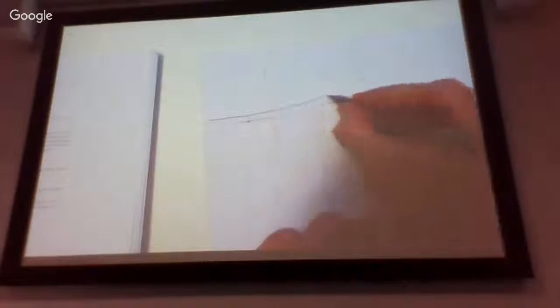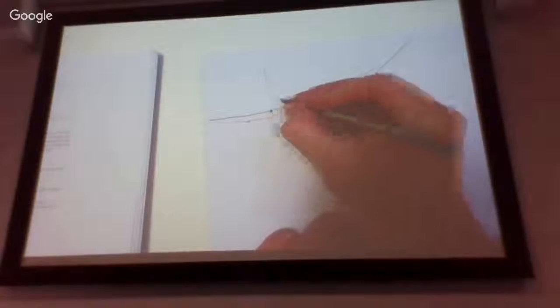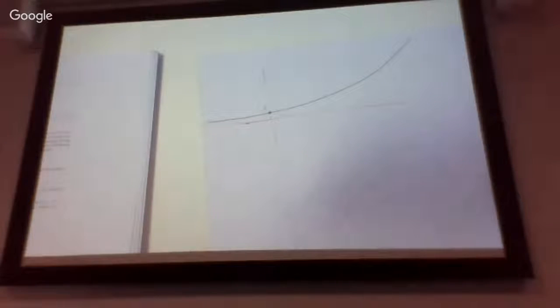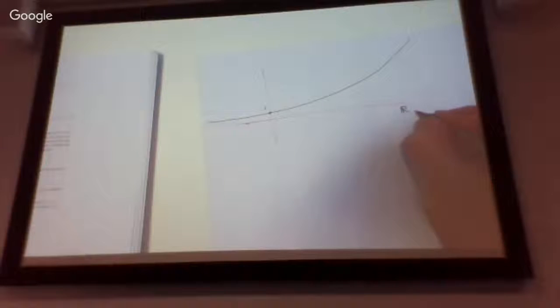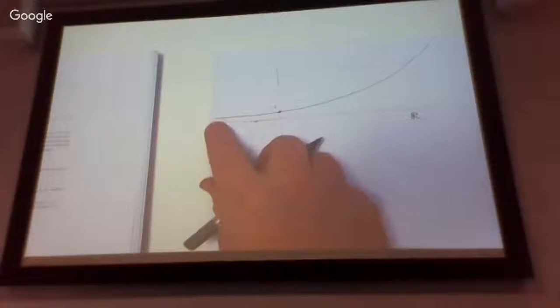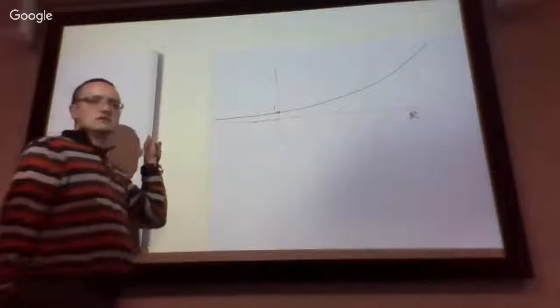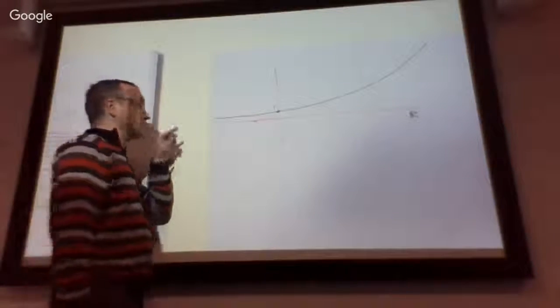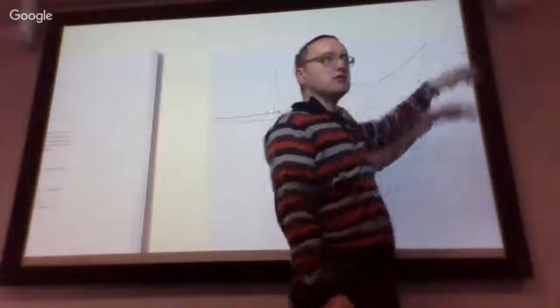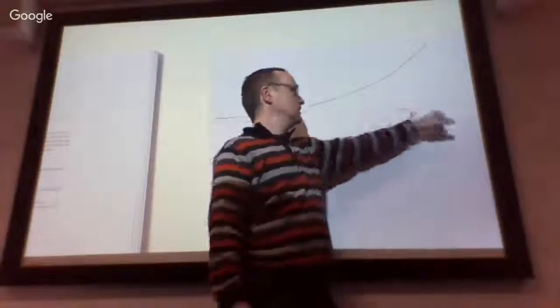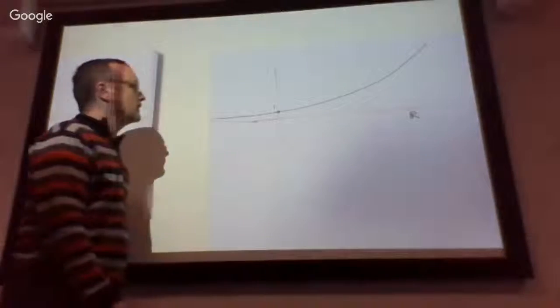The graph of the exponential function looks something like this. This is the real numbers here. It's asymptotically tending to the x-axis as you go larger and larger in the negative direction, and it's increasing without any upper bound as you go in the positive x direction.